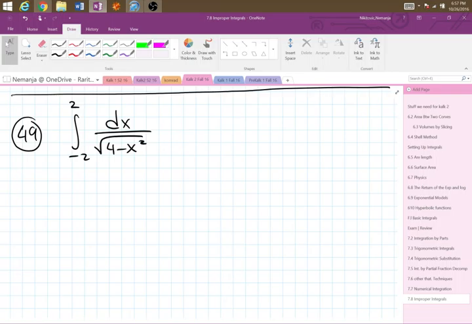So the derivative of sine is cosine. So that makes it super easy. You think you're doing something wrong, but it's actually something really easy.